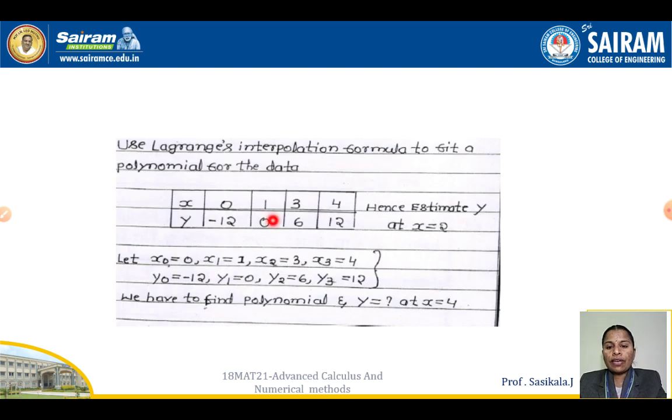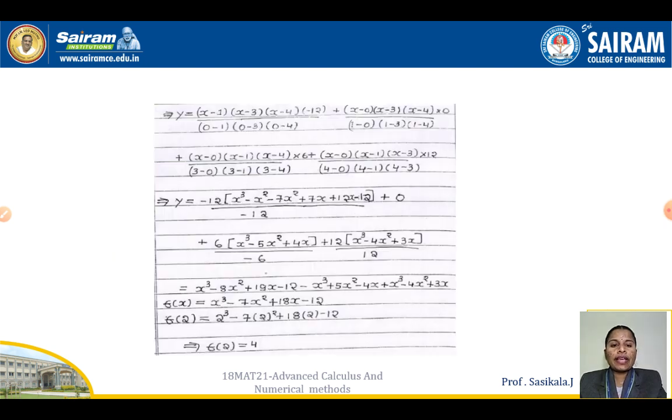Okay. Now the y1 value is 0 since the second term has been written as 0. Okay. So third term and fourth term. The first one 12 in the denominator, second one 0, third one is minus 6 and the fourth one is 12. And then you can simplify the equation, trying to make it a polynomial equation.